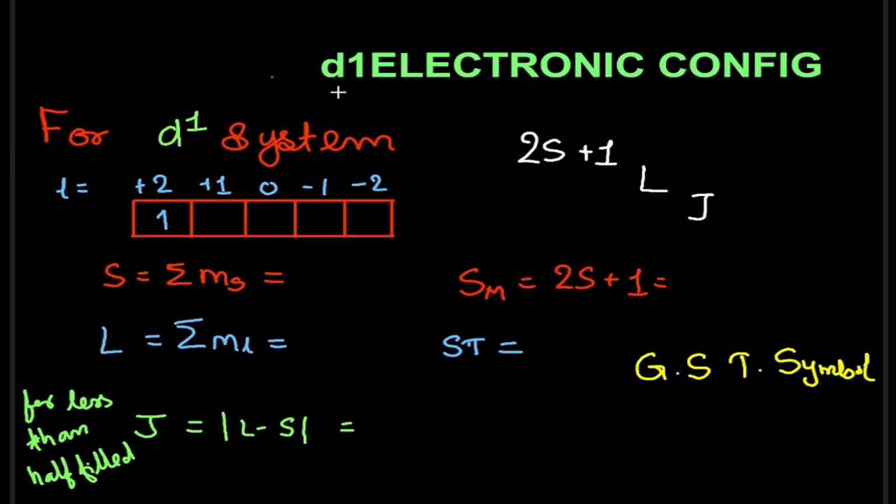First, we will calculate the ground state term symbol for the d1 electronic configuration. These are the ml values: plus 2, plus 1, 0, minus 1, minus 2. For the d1 system we have one electron in the d orbital, so the value of spin will be half. For spin multiplicity, 2S+1 is 2 into half plus 1, which is equal to 2.